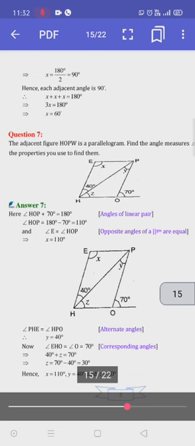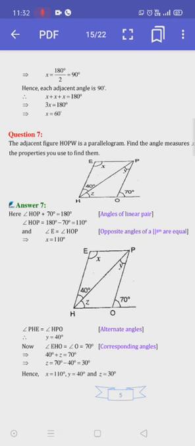Now if we take triangle HEP, you know very well x is 110. Now angle PHE and angle HPO are alternate interior angles. Why?